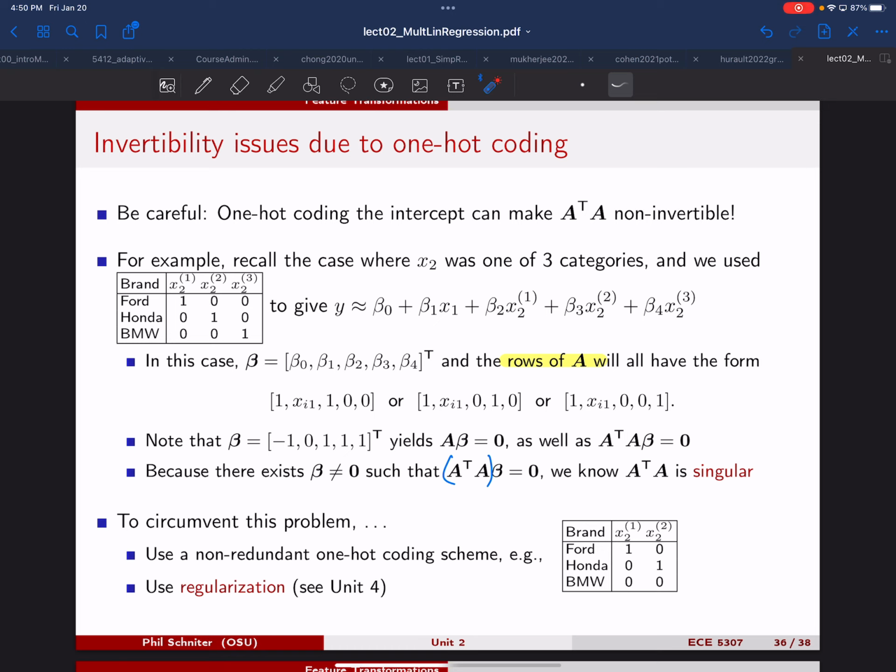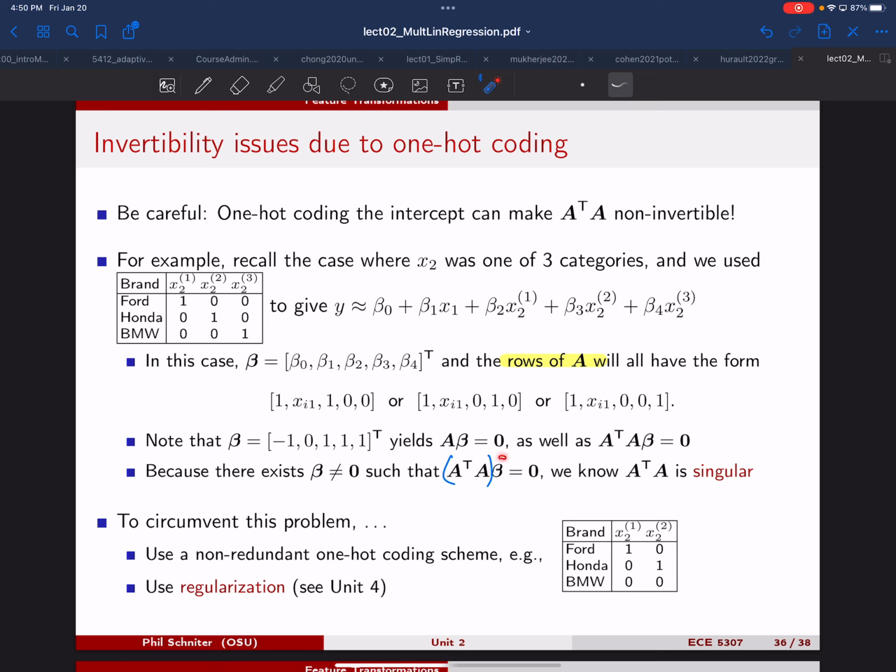Maybe one way to think about that is if you think about the matrix as a system and think about beta as a signal going into that system, what's happening here is you're putting a non-zero signal into the system, and the system is killing it. It's turning it to 0. So if you wanted to go backwards through that system and figure out what you put in, it's impossible, right? Because you got 0 out, there's no way to figure out what happened to the input.